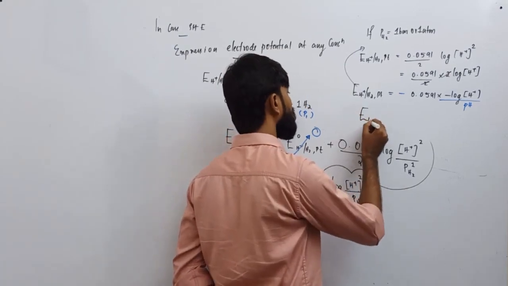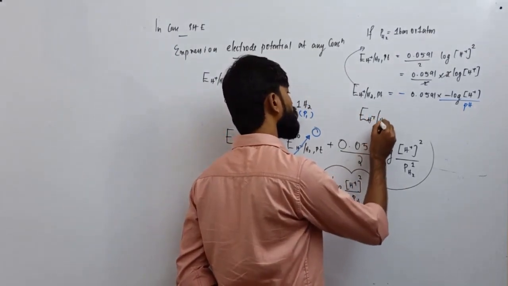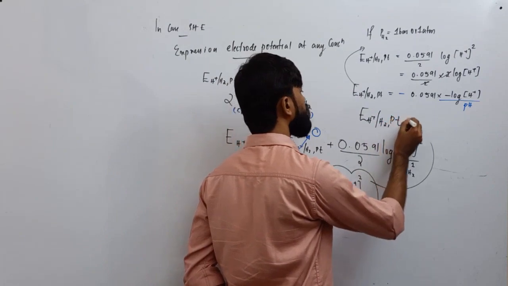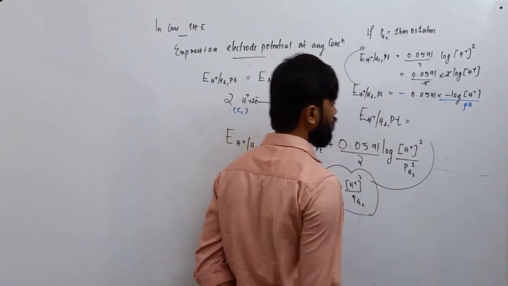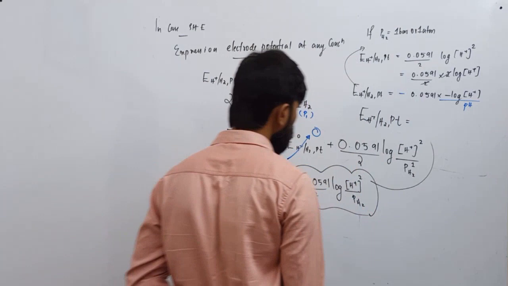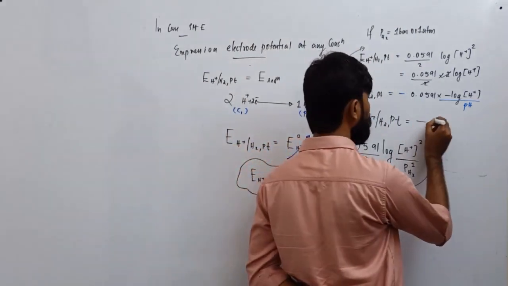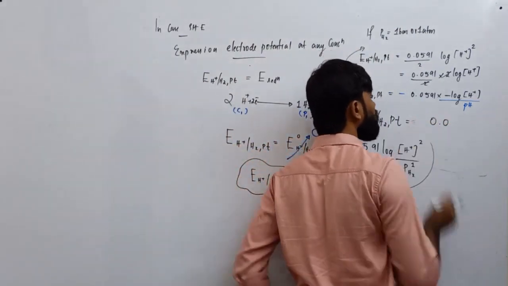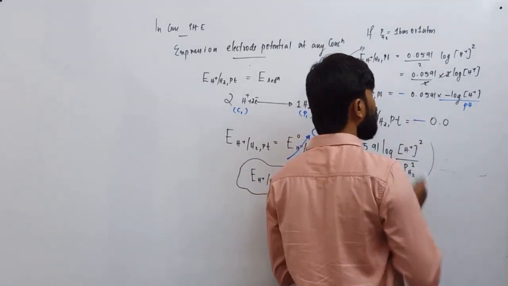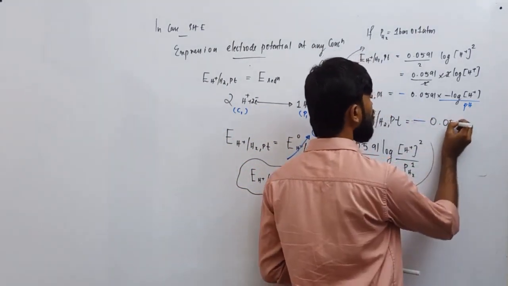So we can conclude that in the case of SHE, if the pressure is in a standard condition, then the electrode potential of SHE will be minus 0.0591 into pH. You have to keep that minus in your mind.